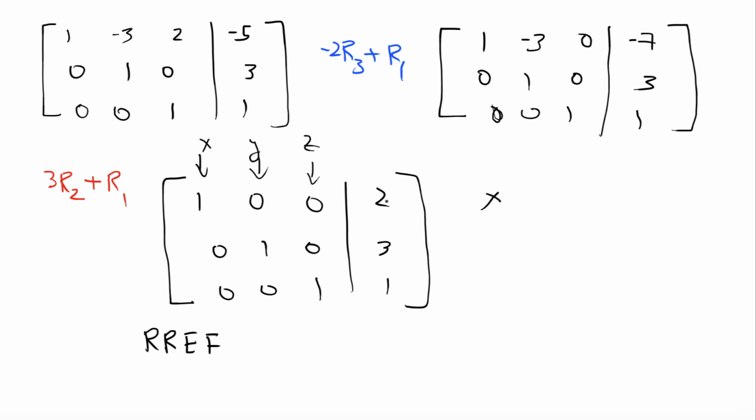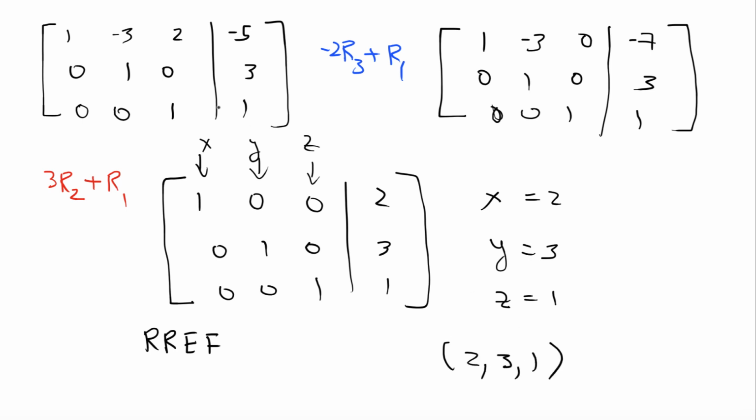It says x plus 0y plus 0z equals 2. Well, just x is equal to 2. Notice what the second row tells us. 0x plus 1y plus 0z, well, that's just the y. Well, y is equal to 3. And what about the third row here then? z is equal to 1. So our solution then would be 2, 3, 1.